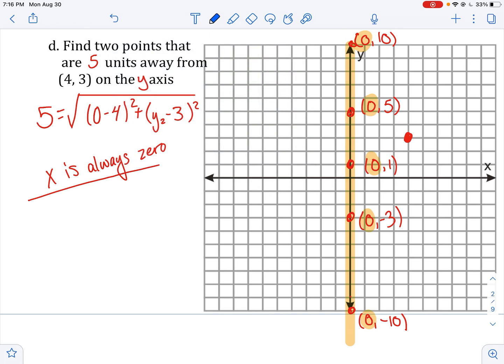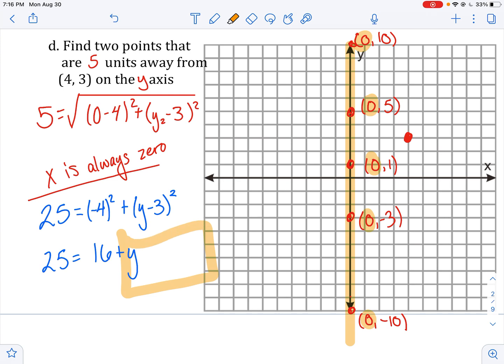And now when I simplify, I get 25 equals 16, which is negative 4 squared, plus y minus 3 squared. Or 25 equals 16 plus y squared.